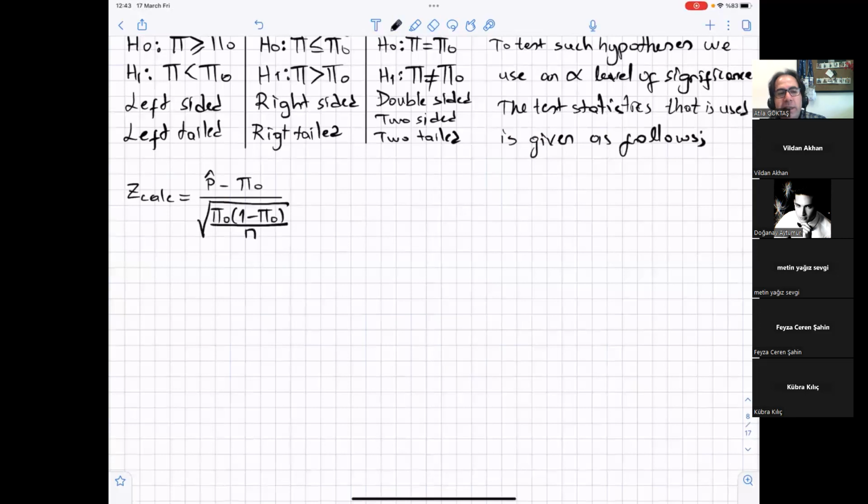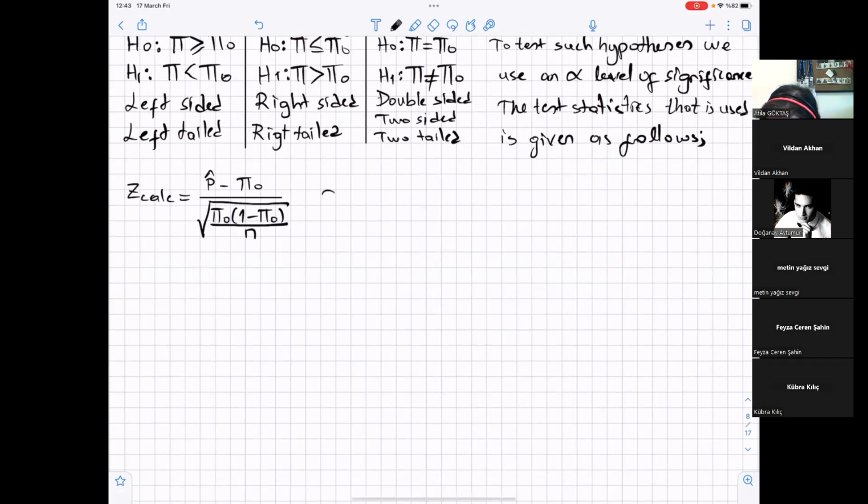The way we test such hypotheses will be the same as the procedure we have followed in the previous 2 weeks.